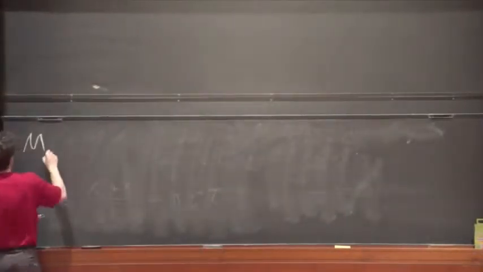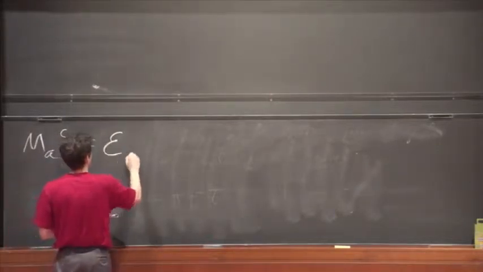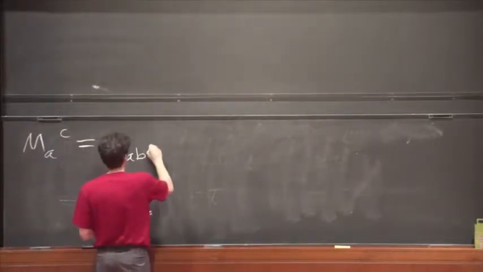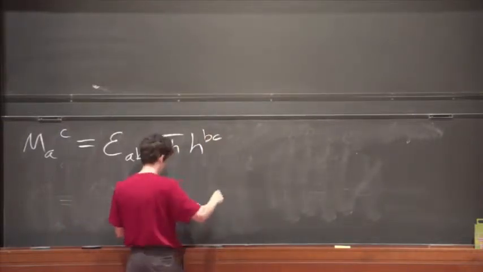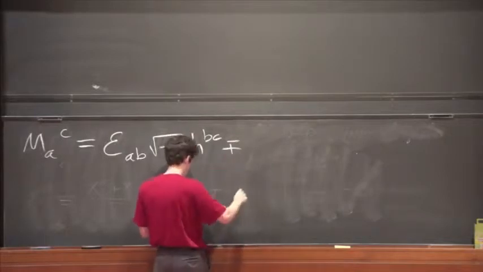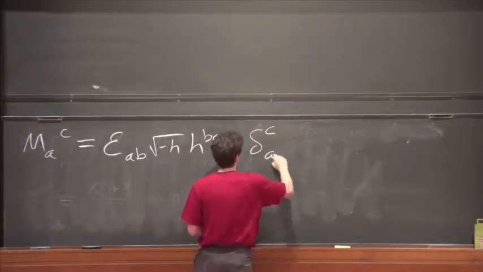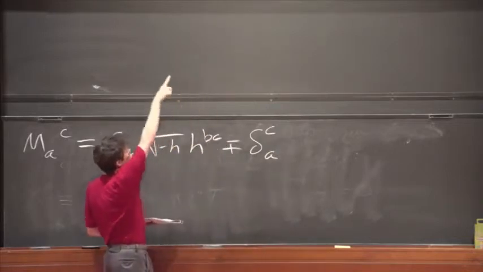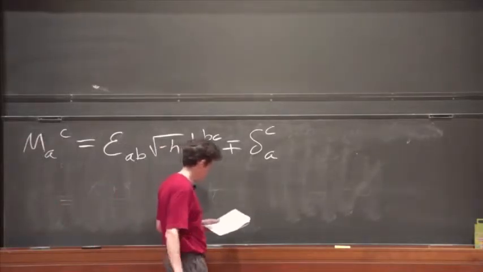This matrix M^A_C equals epsilon^{AB} times the world sheet metric, minus plus delta^C_A. And this minus plus is the same sign that I had above in my desired main equality.